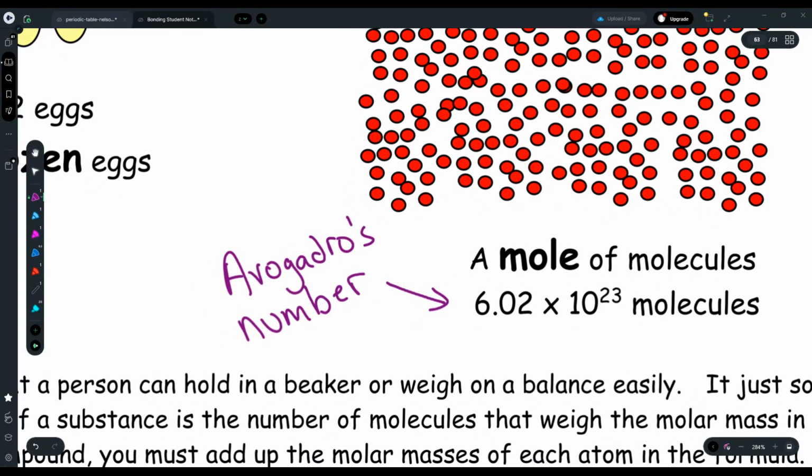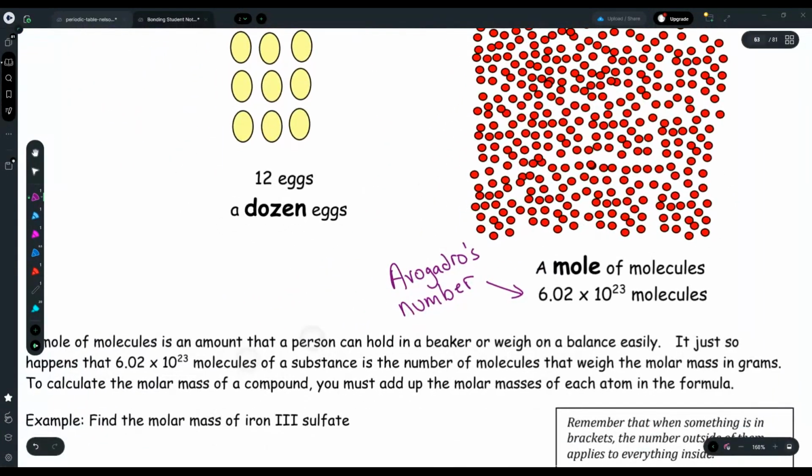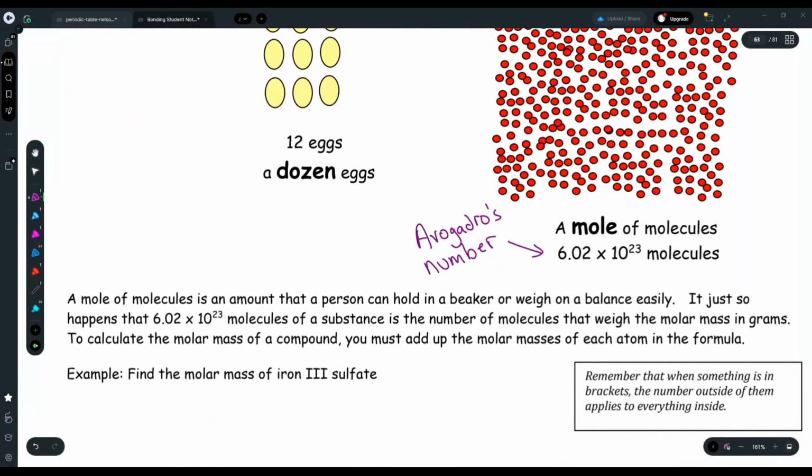Avogadro is a scientist. Now, a mole of molecules is an amount that a person can hold in a beaker or weigh on a balance easily.